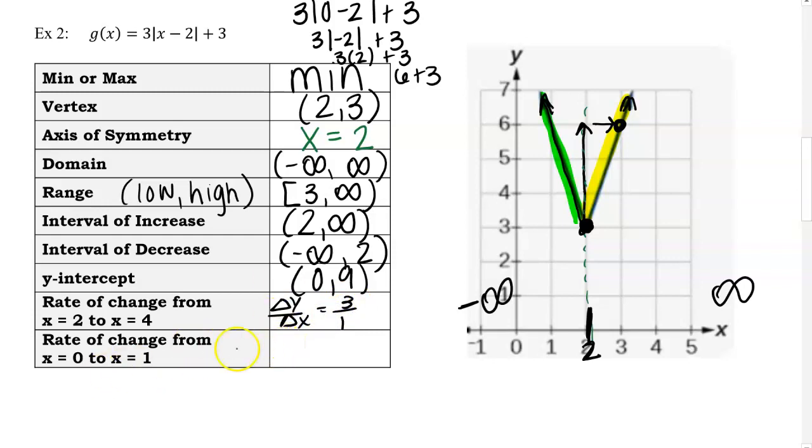For 0 to 1, if I start at the point at 0, which I can't see here, and 1, so we know that the ordered pair is at 0, 9, and then at 1, we're at 1, 6. So our change in y is -3, we're going down 3, and our change in x is +1.